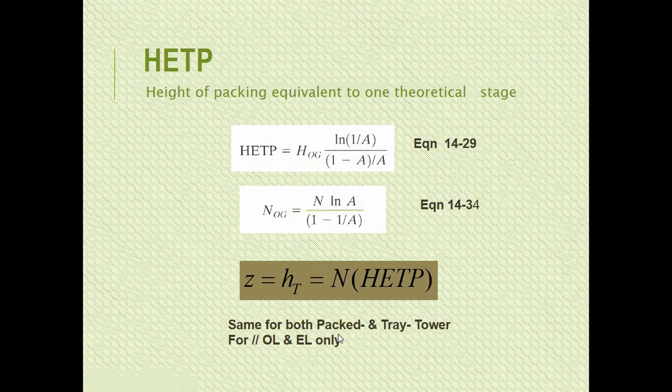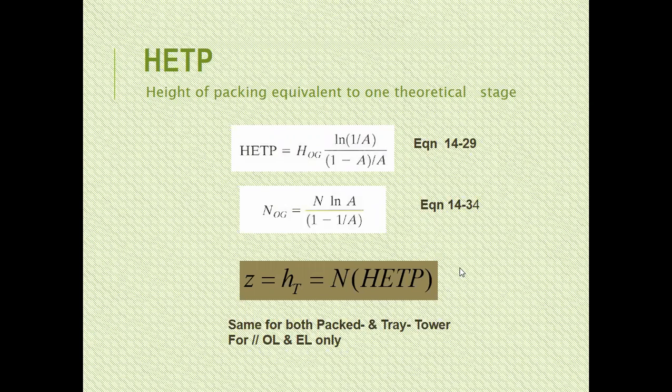Now, this is the same for both packed and tray tower, but when we speak of HETP, it's really for the packed tower because we're thinking of how thick your packing material will be for it to be considered as one theoretical stage or plate. And you could see this particular symbol, it's for parallel operating line and equilibrium line only.